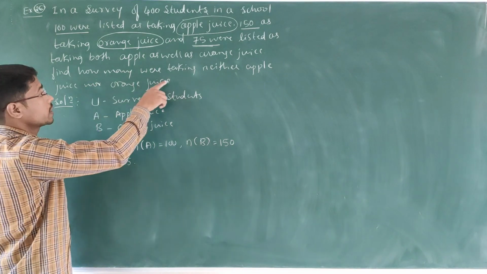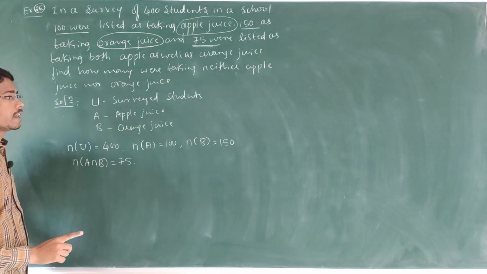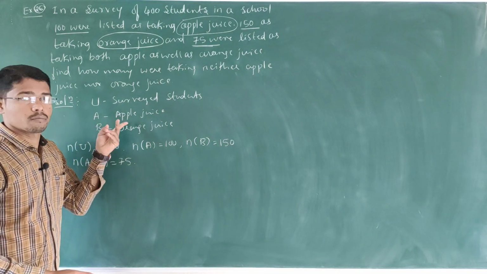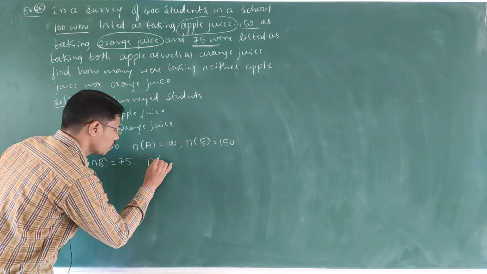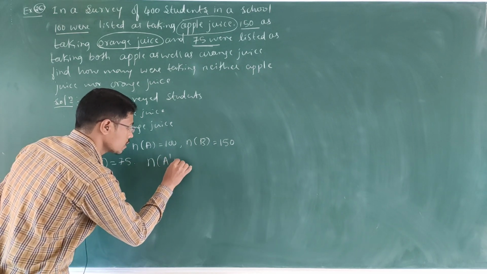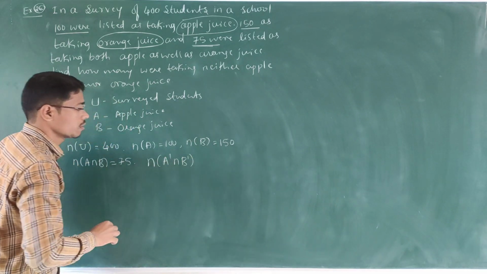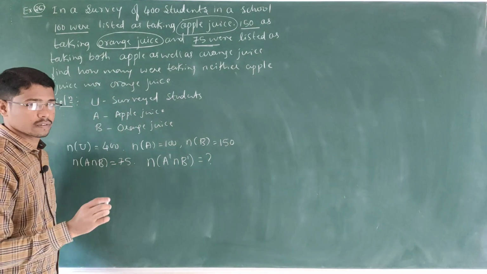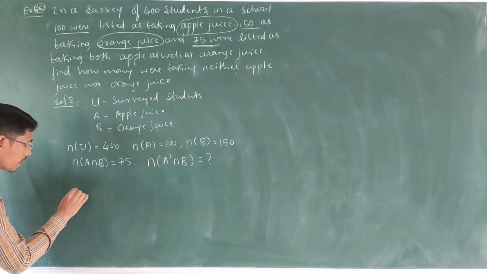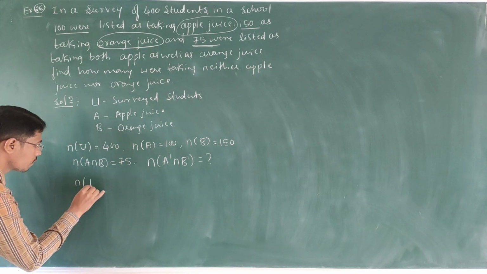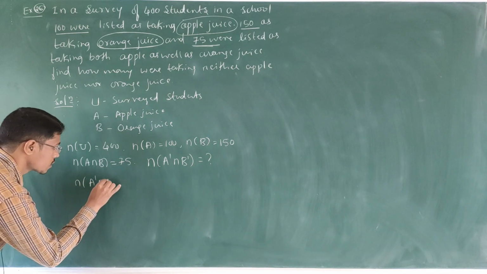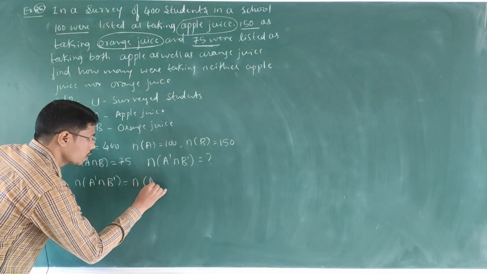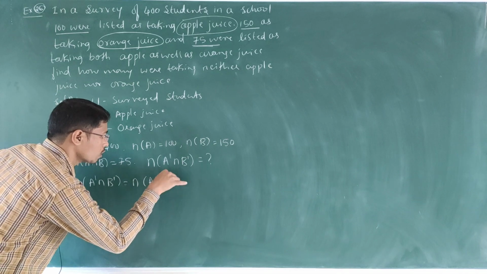How many students were taking neither apple nor orange? Neither apple means apple juice means A, neither apple means A complement, that is n of A complement intersection B complement. This we need, so this quantity we need first, okay. So I will write n of A dash intersection B dash equal to n of A union B whole complement.